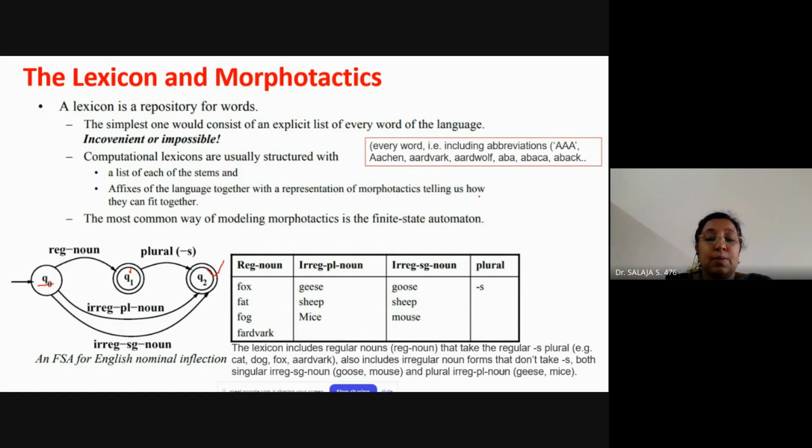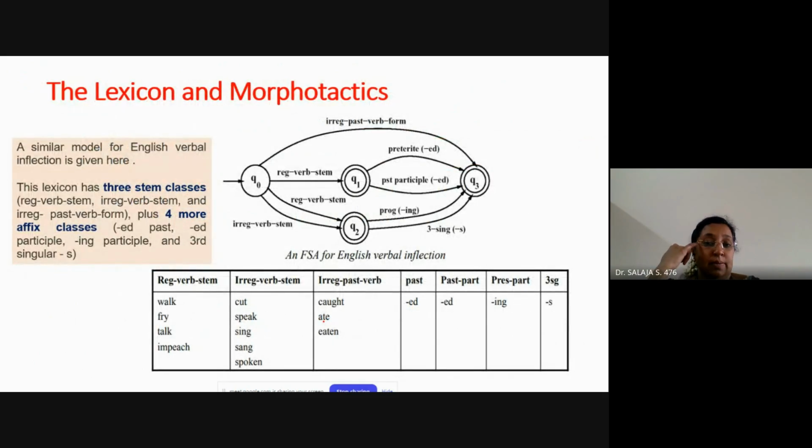Here, goose has become geese, whereas sheep is being retained as sheep, and mouse has been converted to mice. So there are probably no rules which can depict each and every irregular singular noun and plural, and therefore every word is explicitly taken from the initial state to the final state.